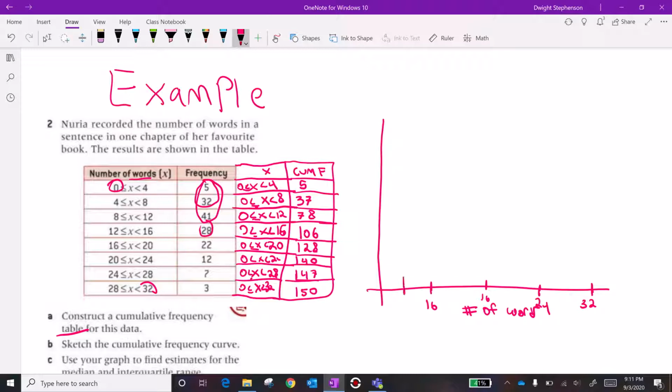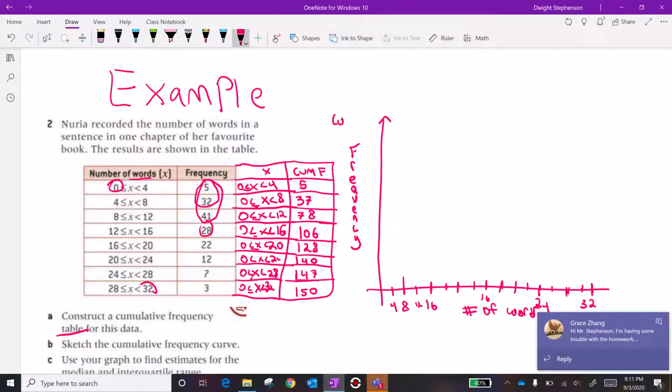And then 8 and 4, and we don't have to mark all of these, so we'll just do it like that. And then on the y-axis, we're going to put the frequency. And we should actually label this.